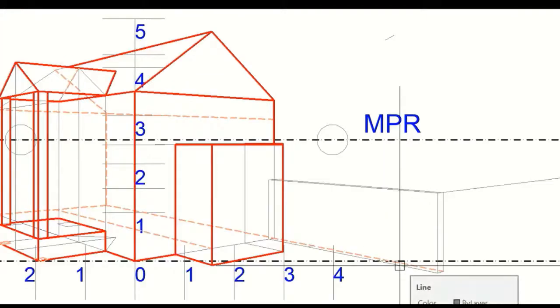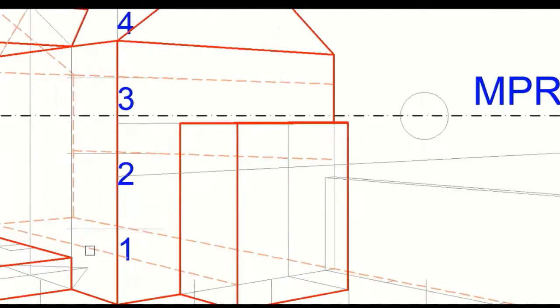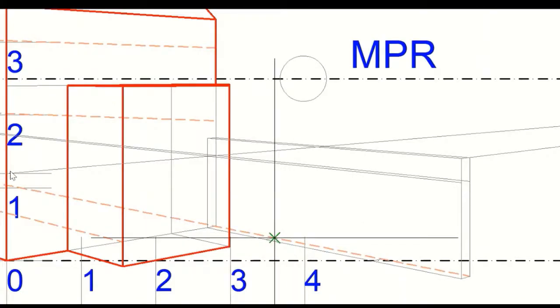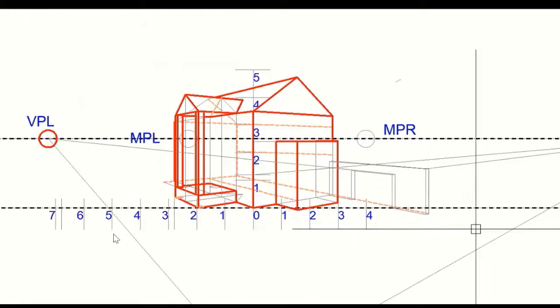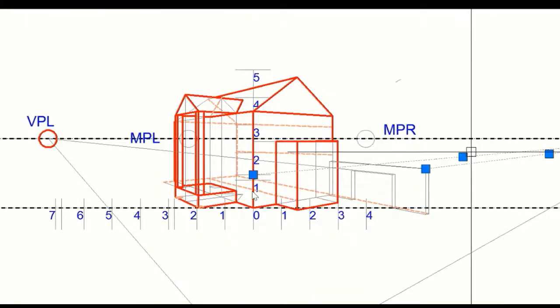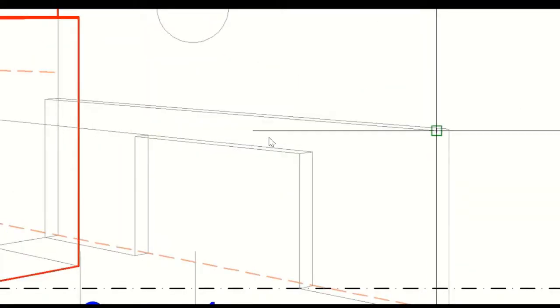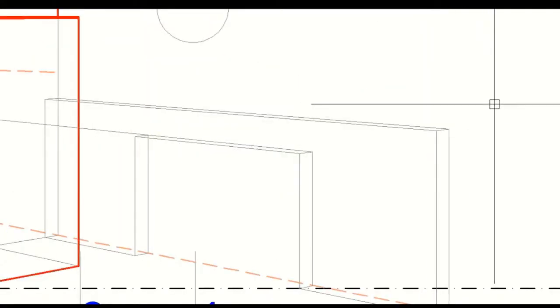So I've drawn again. So this is 1.5 meter. Then this depth is 300. Again, taking reference from this point only. Wherever it touches the picture plane, we have to take height from this point only. So transfer this to this point, 300 mm.